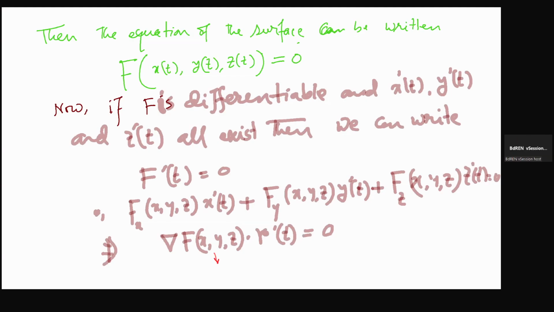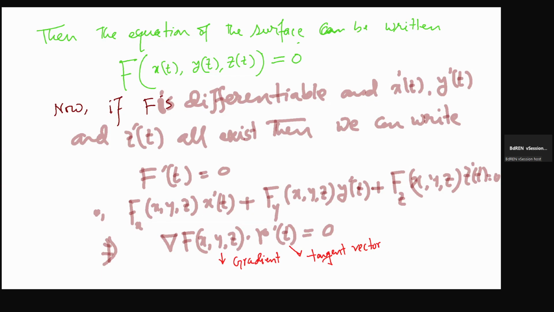So this is called gradient, and this is called tangent vector or radius vector along the tangent.